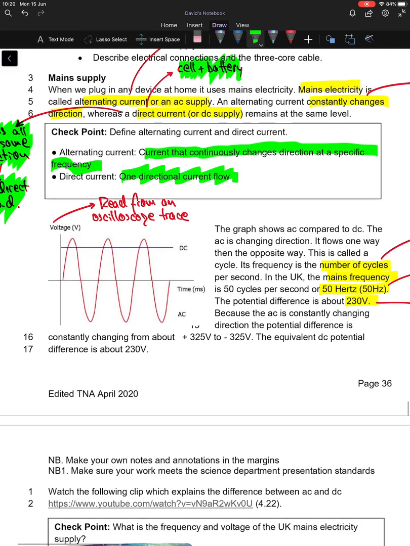Right, so let's have a little look at this a little bit more in depth. The graph shows AC compared to DC, alternating current compared to direct current. The AC is changing direction. The reason why we know that is it's going up and down and up and down and up and down.